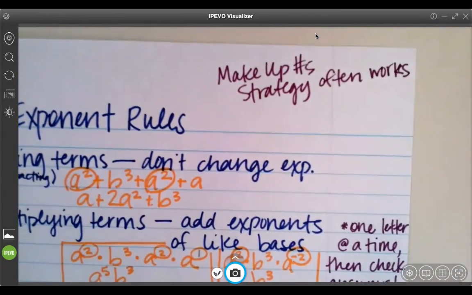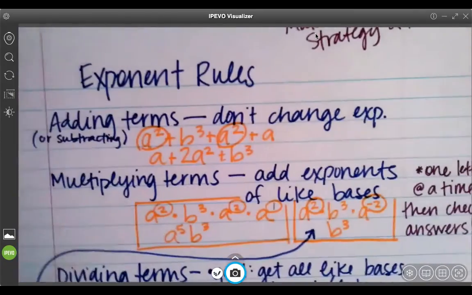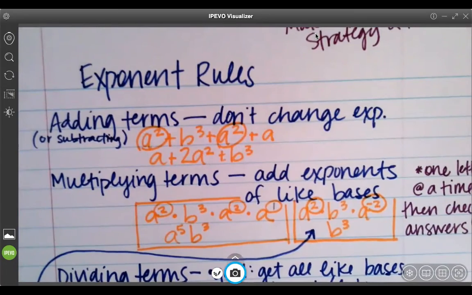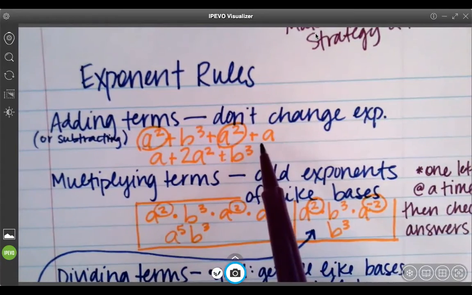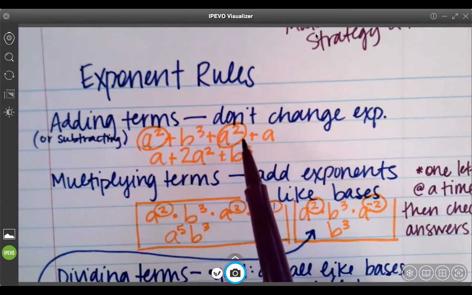Okay, so what you would be looking for is a matching value after you have plugged in a number. So for example, let's say that I took a squared, b to the 3rd, a squared, a, and I'm adding them all together. Let's say that a was 4 and b was 2.